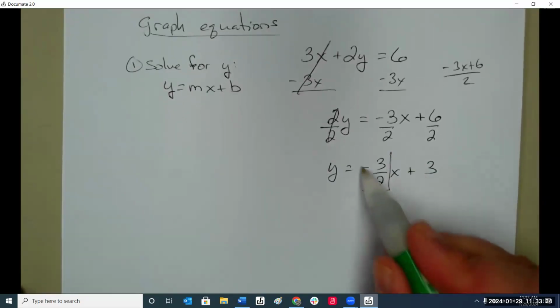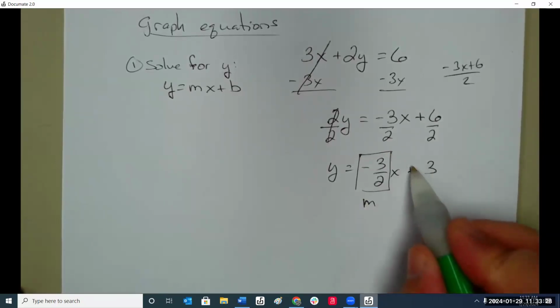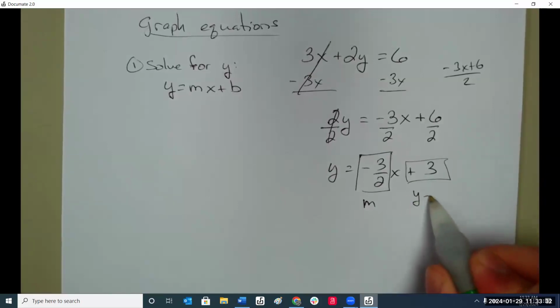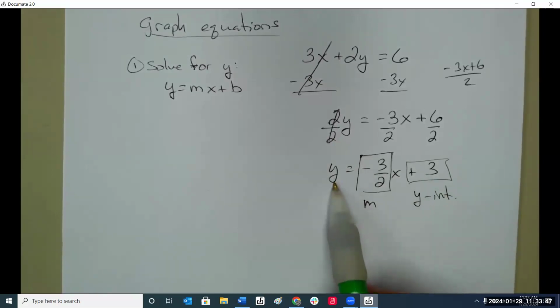What does this number tell us? That tells me the slope. What does this number tell me? The y-intercept. Why is that the y-intercept? In general, for any equation, if you solve for y, the constant is always the y-intercept.